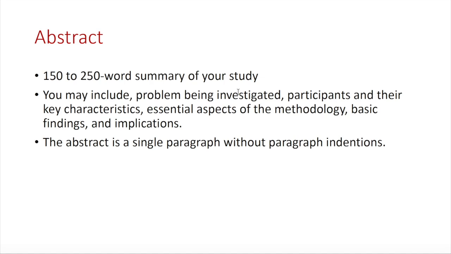You can begin your first sentence with the objective of the study, and then talk a little bit about aspects of the methodology, and if this is an abstract for a full paper, then talk a bit about the basic findings and a short set of implications. All of these should be contained in a 150 to 250 word summary.